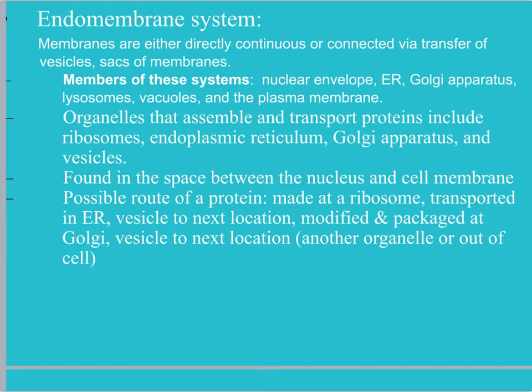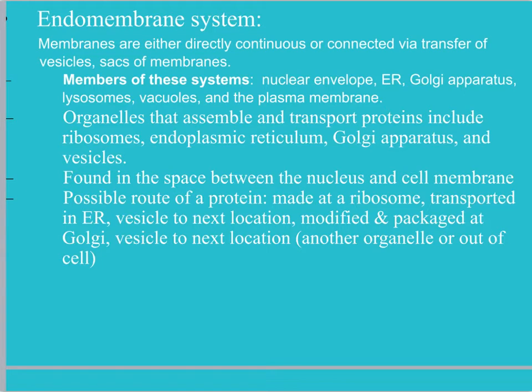So the endomembrane system is a system of membranes, and they're either directly continuous or connected, or they have little vesicles, is what they're called. They're like little sacs, little circular bodies that carry something. They transport something from one place to another.